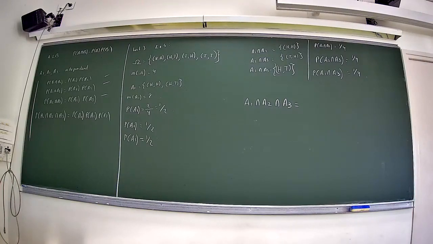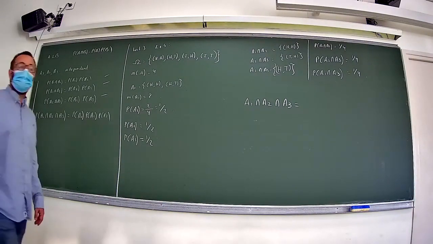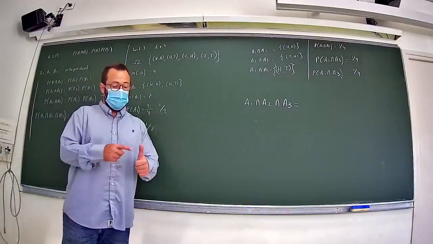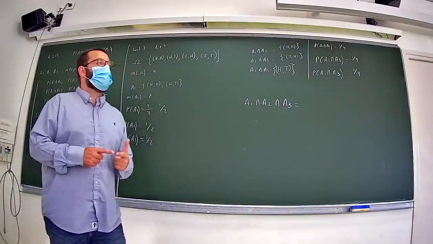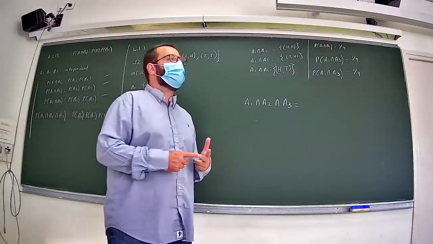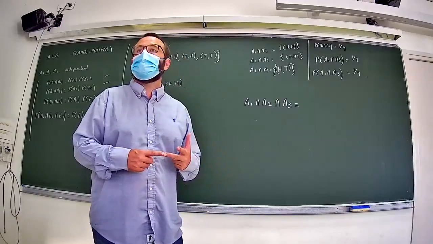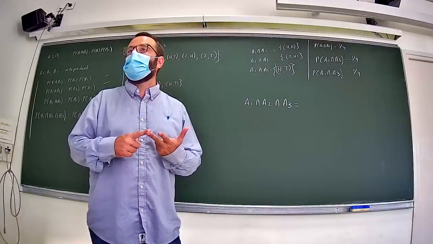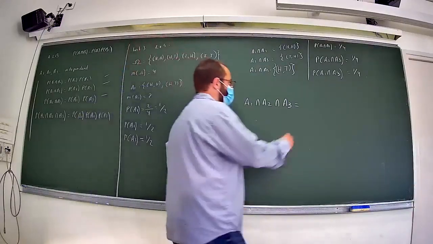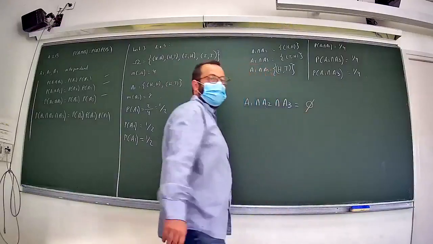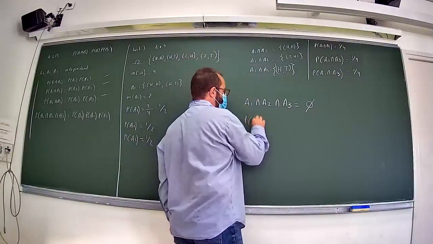Empty. Is it clear for everybody that it is the empty set? Well, A1 is head on the first, A2 is head on the second, and A3 is head on exactly 1. It's not possible to have head on the first and on the second and on exactly 1. So empty set. So the probability of this set is what?